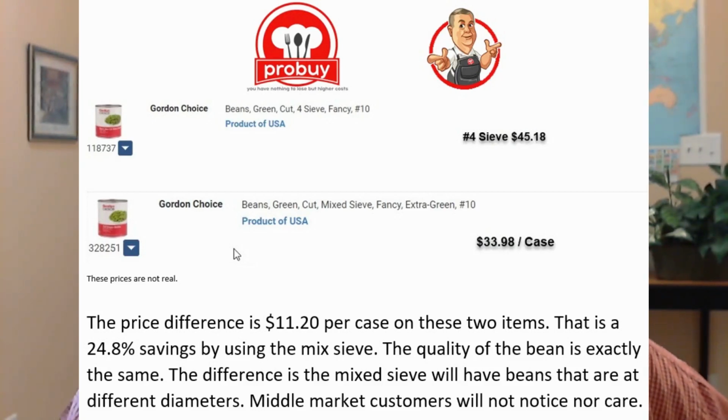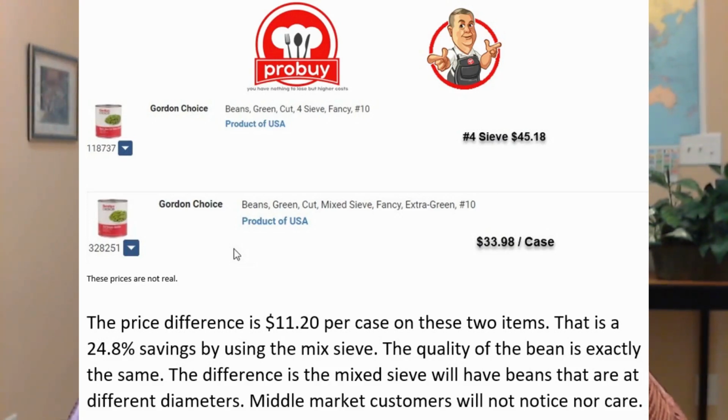Okay. All right, so we got a 4-sieve Gordon Choice, meaning it's the same quality bean. It says fancy in both of these, but I believe it's a Blue Lake bean.